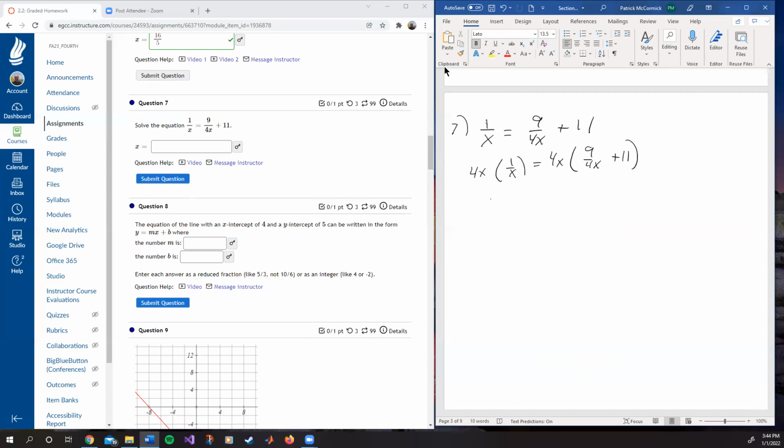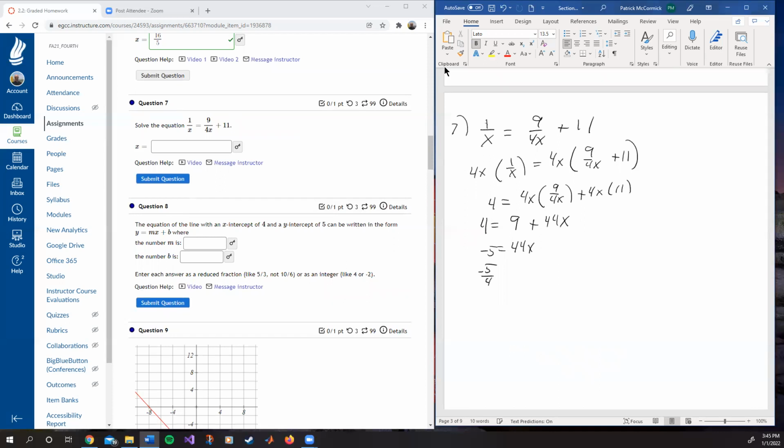So this one, the x's cancel, so I get 4 equals. I'm going to write this out, 4x times 9 over 4x plus 4x times 11. So the 4x's cancel, so we get 9 plus 44x. Okay, subtract the 9, so I get -5 equals 44x, divide by the 44.